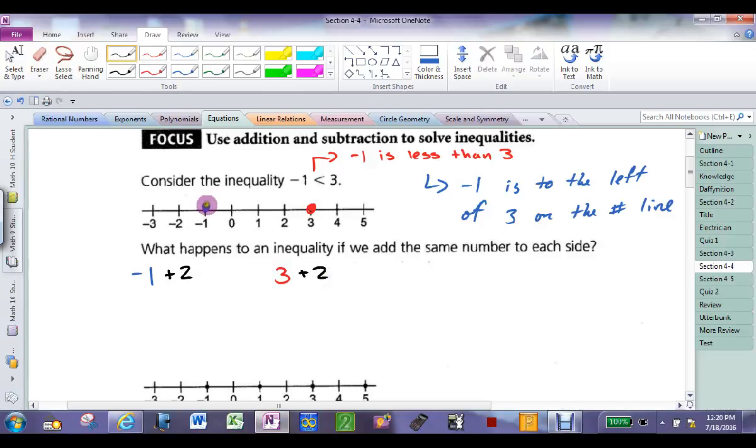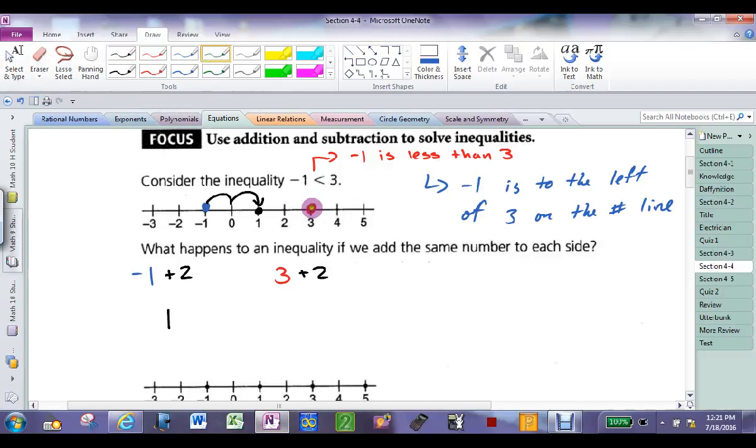So, how do I add 2 to negative 1? How do I do it on the number line, Riley? You go to the right 2 times. Why to the right? Because right is positive. 1, 2. And where do I end up? Positive 1, right? So this becomes positive 1. Cool?